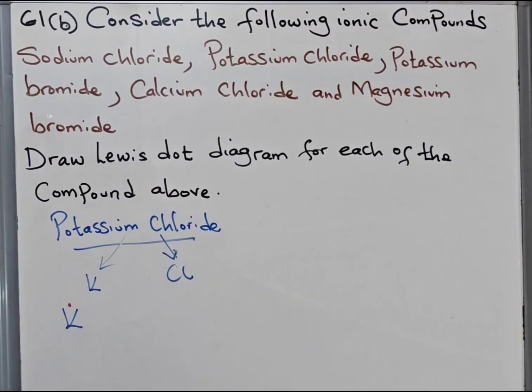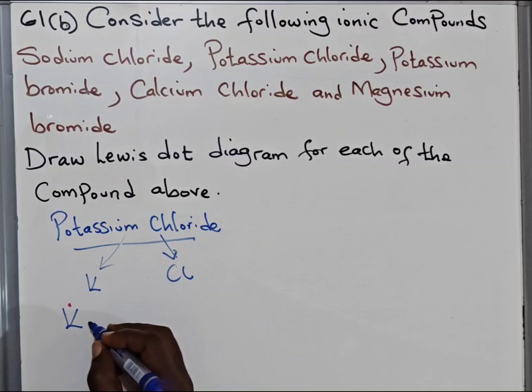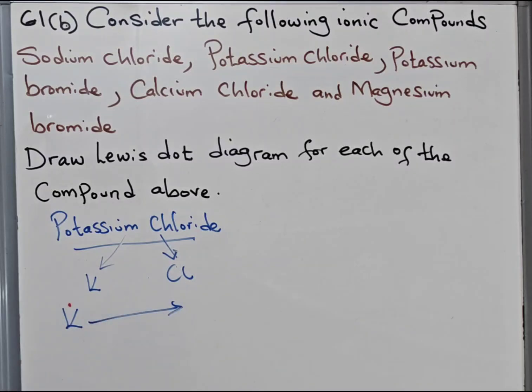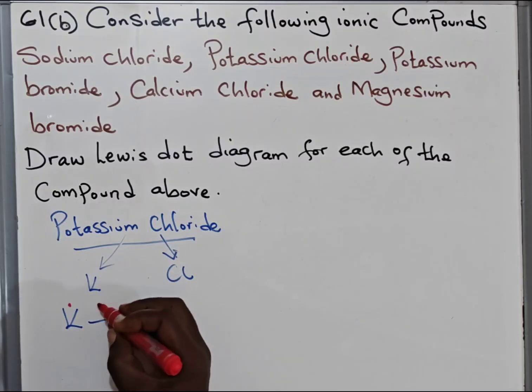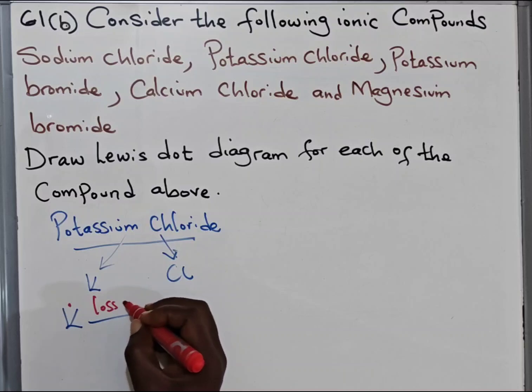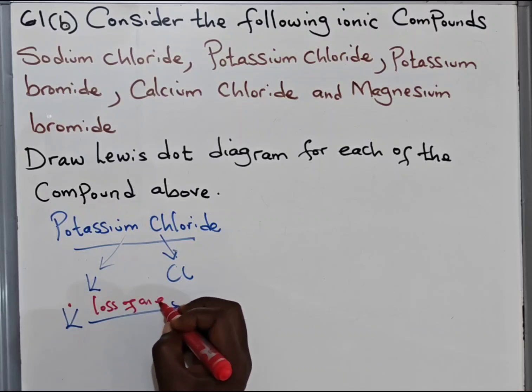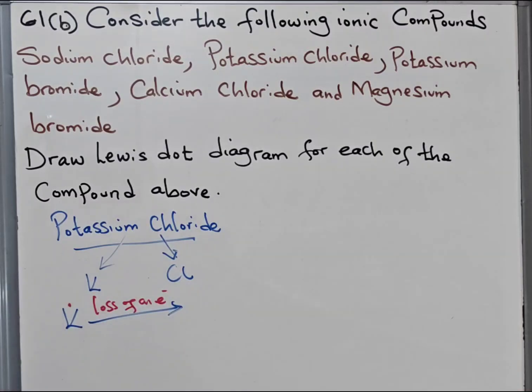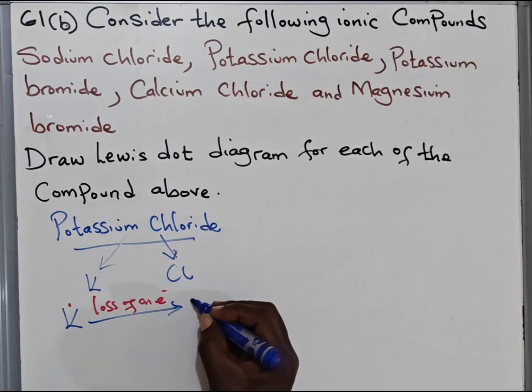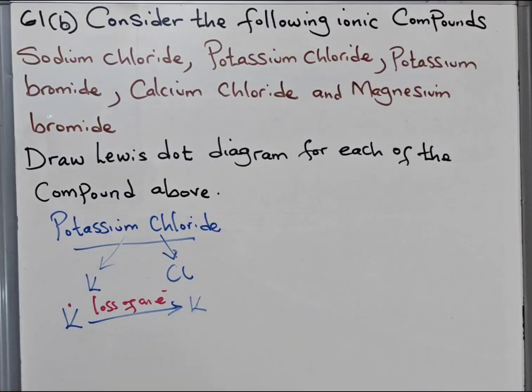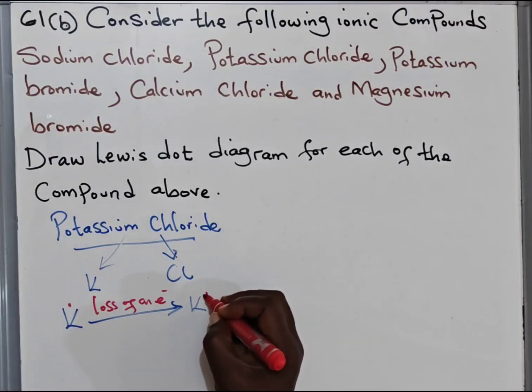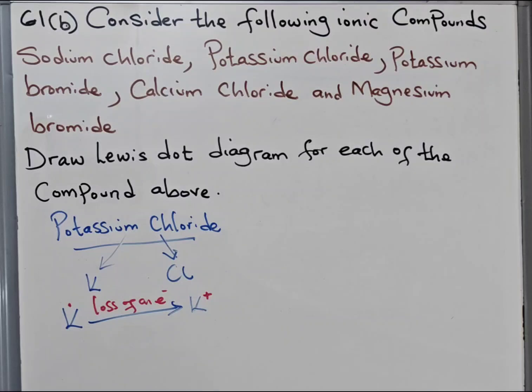So, the best option for this is to lose that 1 electron. Loss of an electron. In losing an electron, we will have our potassium without the valence electron. But loss of an electron makes it become positively charged.